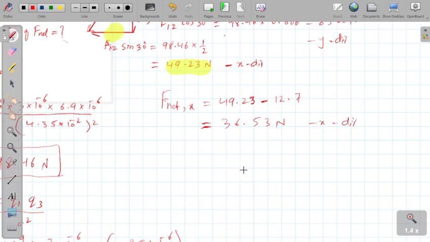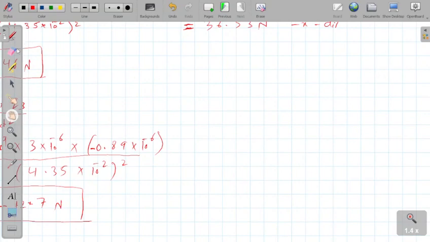So it will be better to redraw the diagram and show all the net forces acting. This is charge Q1, the net force on this charge Q1. One force is that and the other force is in this direction. We have found these values.